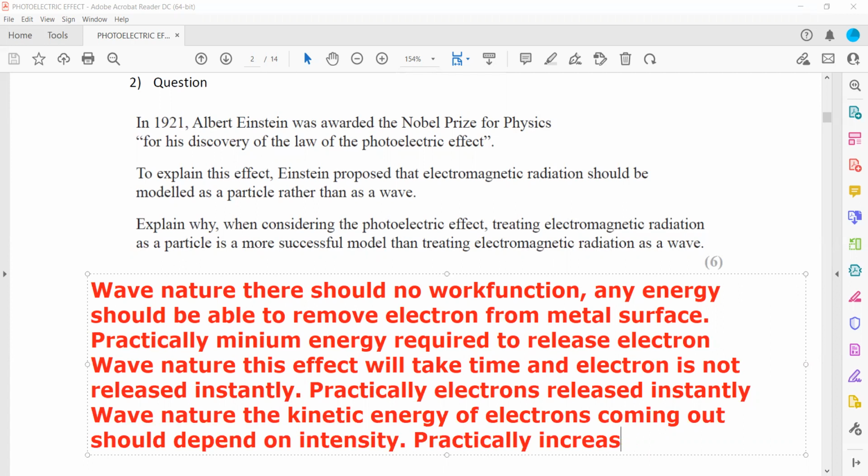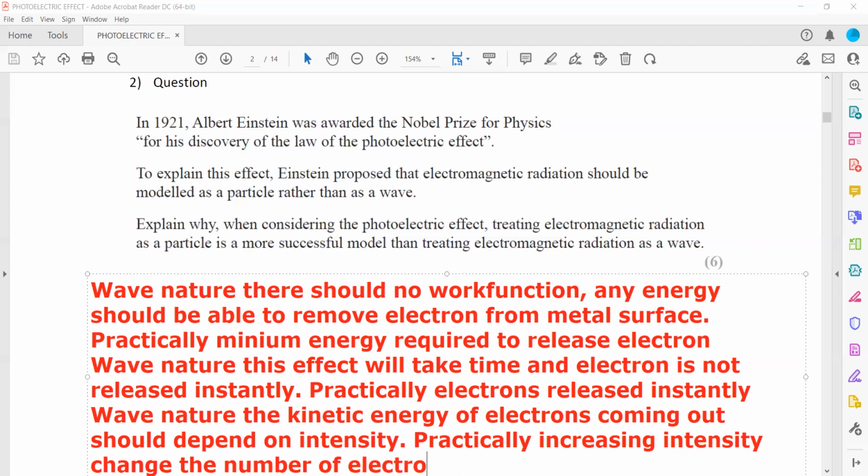So increasing the intensity changes the number of electrons coming out, but not the kinetic energy. I'm writing KE. So this is what we observe for a photoelectric effect.